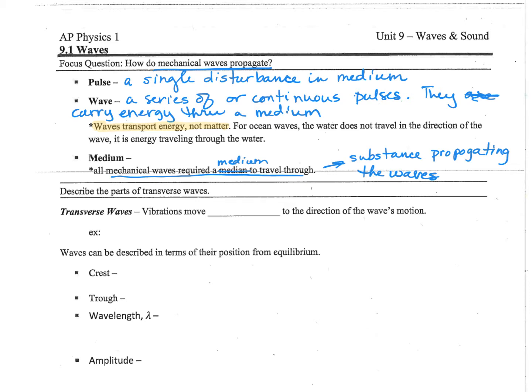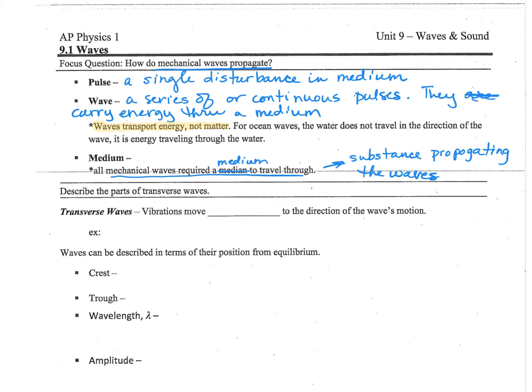Continuous pulses create a wave. Same with this. One pulse, you can see it, versus you get a wave. That's what the slinkies and the springs are for today, to physically look at what we've got going on.